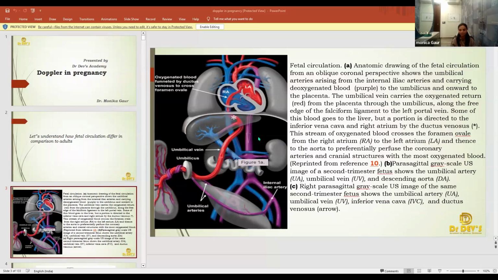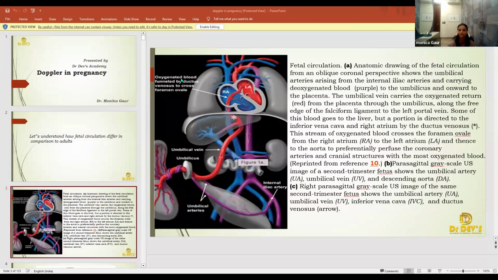So through this shunt, the oxygenated blood goes to the left atrium. Yes, some amount of blood goes to the right ventricle, since we have the foramen over there, and with the help of this shunt, it goes to the left atrium, the blood which is already oxygenated.